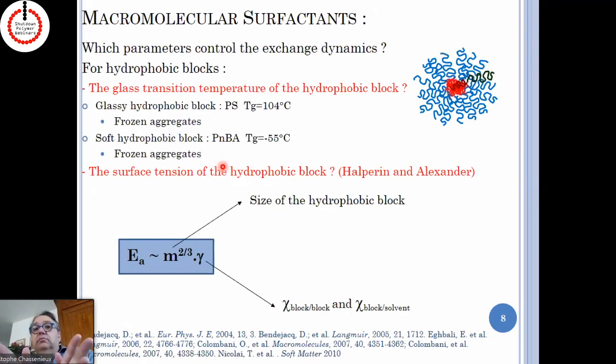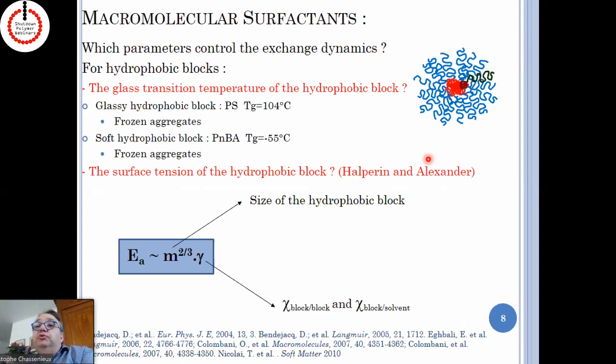Why? Most of the time, when you deal with a block copolymer, the self-assembly is frozen. So here, I've drawn a micelle of a block copolymer. If I want this system to be dynamic, I must have the possibility for one polymer chain to go out of this micelle, which requires the hydrophobic block to have some mobility in order to move inside the micelle.